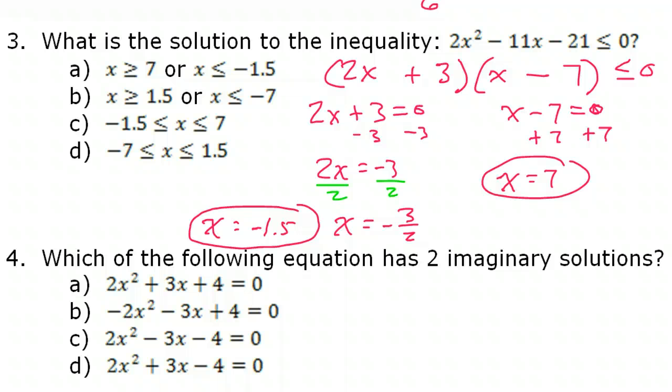Okay, so we want the inequality version of from negative 1.5 to 7, and that's going to be C. This is the inequality way of saying x values between negative 1.5 and 7. All right, you literally put the x between negative 1.5 and 7. Okay, there you go. That's how you do number 3 without graph paper.